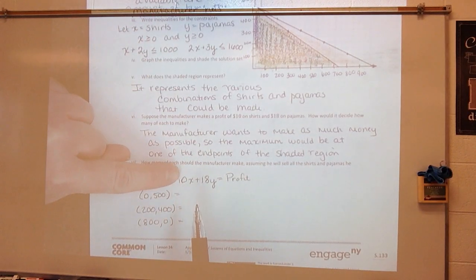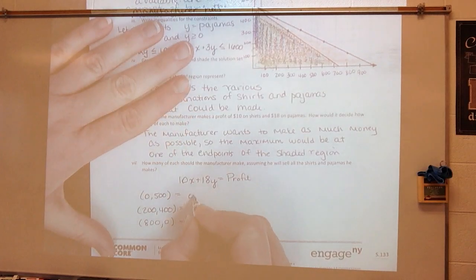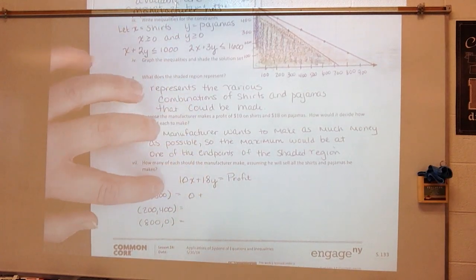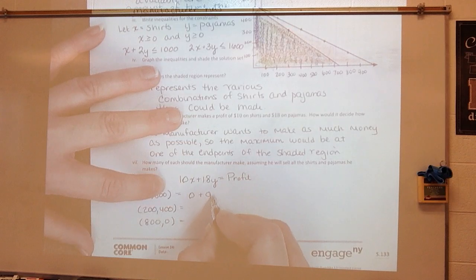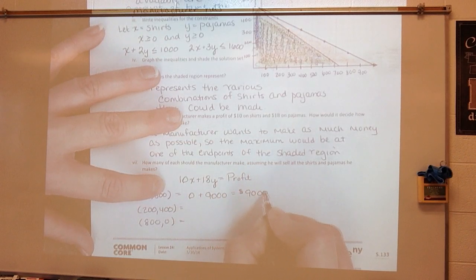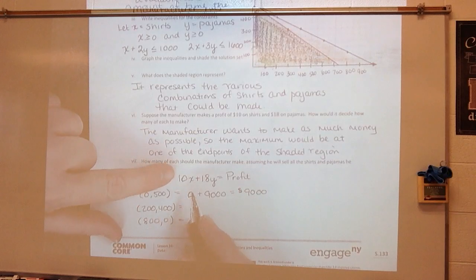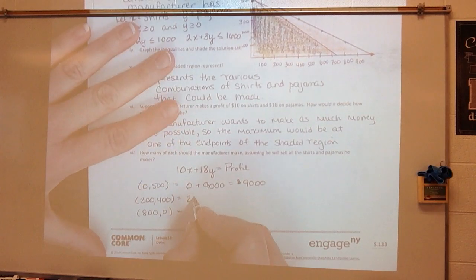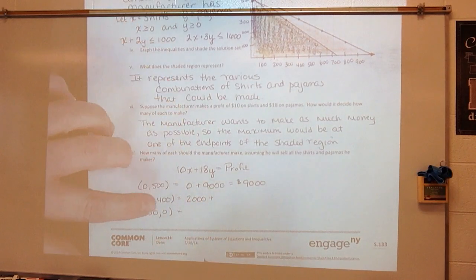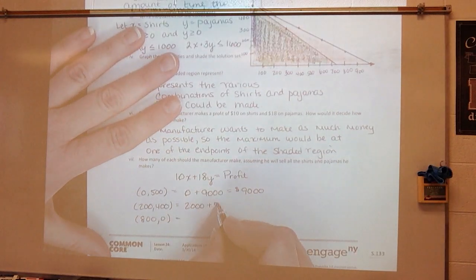Alright? So let's see what we would get here. So if he made 0 on shirts, and then 18 times 500 is 9,000, he would make a profit of $9,000. Okay? 200 times 10 is 2,000, and 400 times 18 is 7,200.